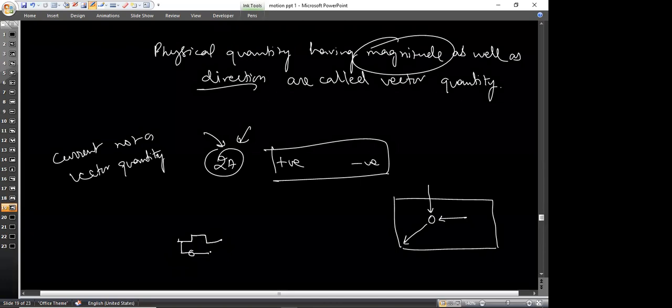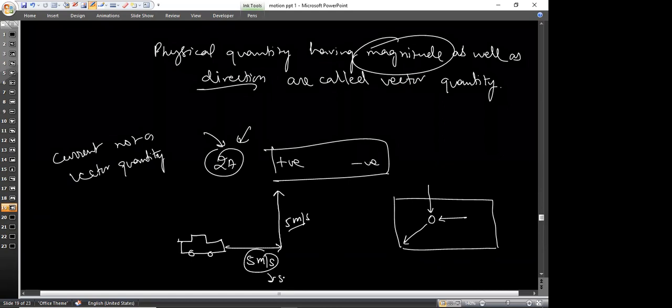If this is a car, it moves in this direction with a speed of 5 meter per second, and then it moves 5 meter per second in this direction. So this is its speed. If I ask you what is its velocity?